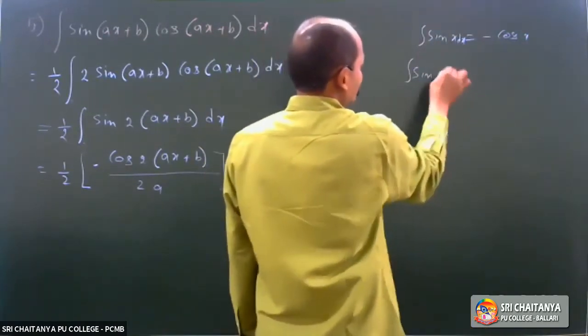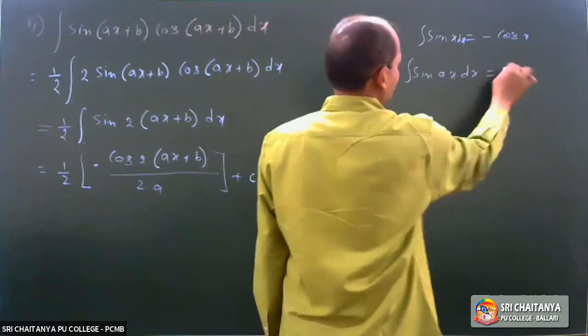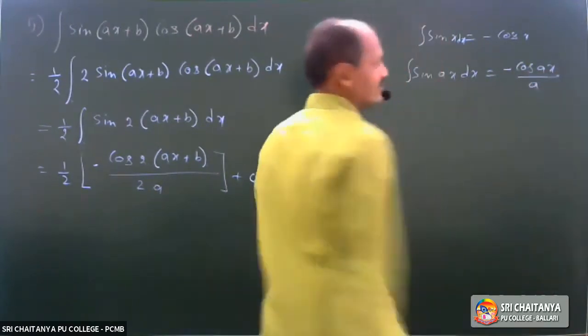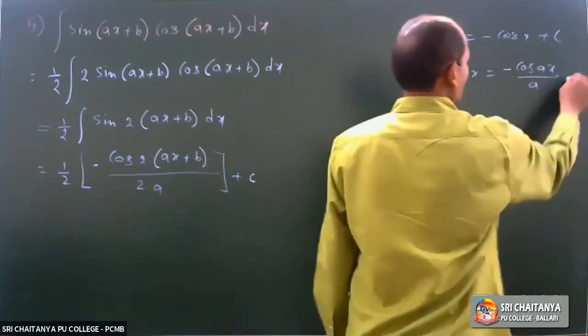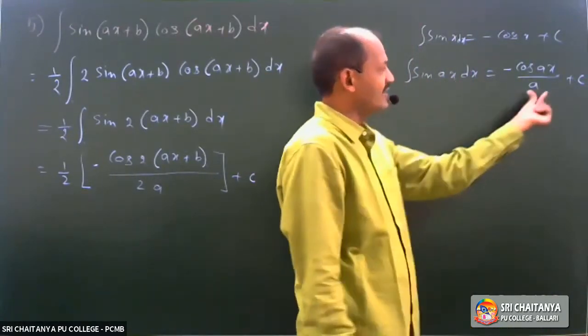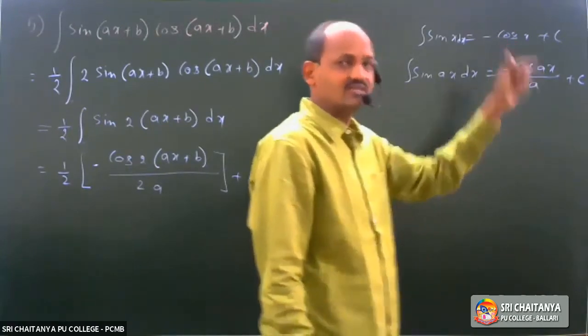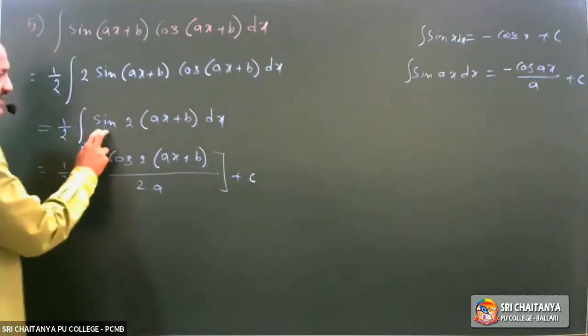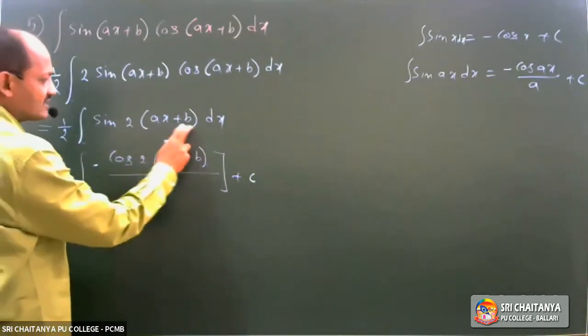Integral of sin ax dx is minus cos ax divided by a. That means divided by the derivative of ax. Okay? Integral of sin x is minus cos x. Integral of sin ax dx is minus cos ax divided by a. This a means it is divided by the derivative of ax, that is a.